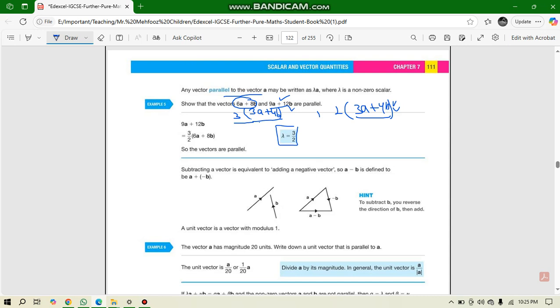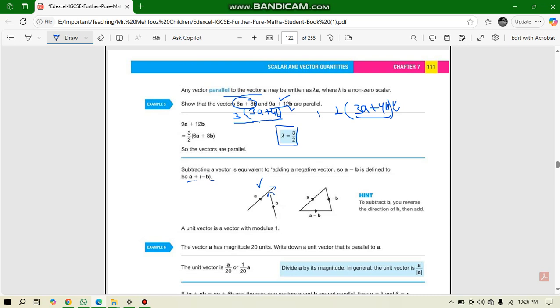Any problem? Next one is subtracting the vector is equivalent to adding a vector with the negative vector, or we can also use a minus b. So it is defined as a plus minus b, right? So here is the example, a is the vector in this direction, and b is the vector in this direction.